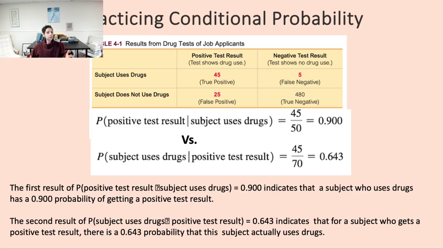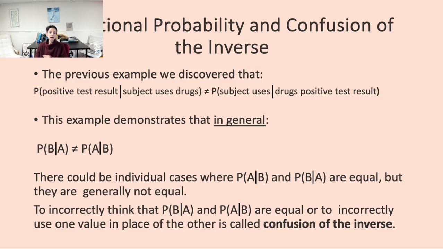So that's very, very interesting. And it also highlights something called confusion of the inverse. You notice that the probability of, among the people who are using drugs, who test positive, that probability was not equal to the inverse: of the people who test positive, how many actually use drugs?